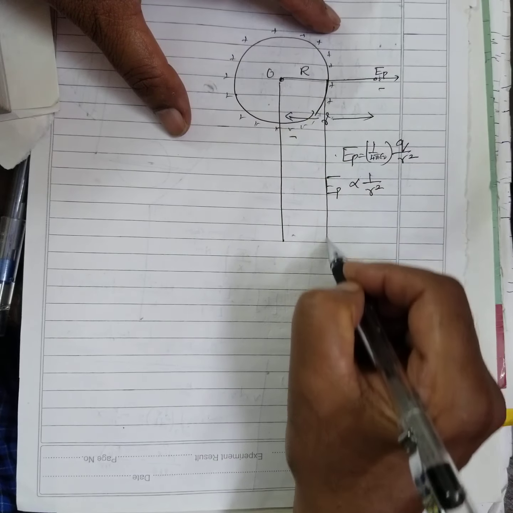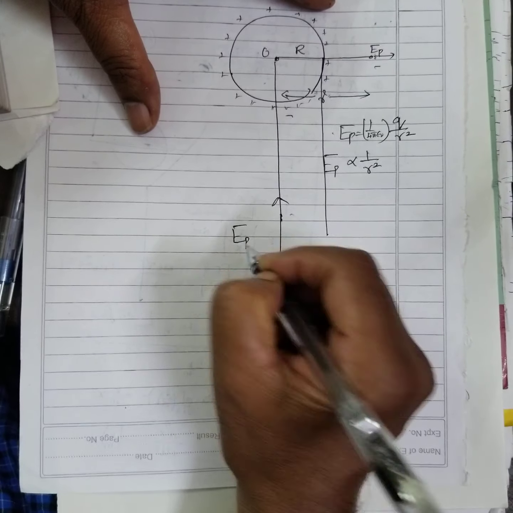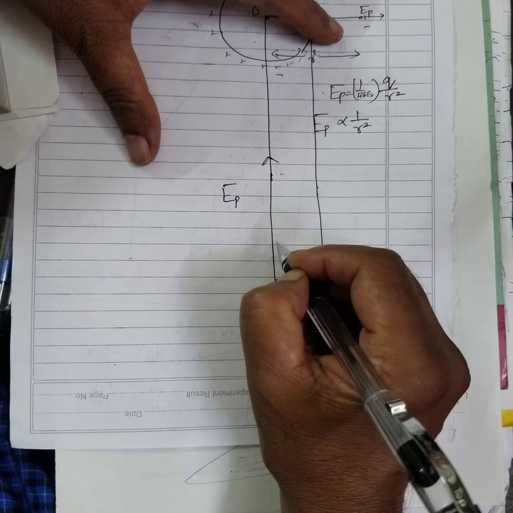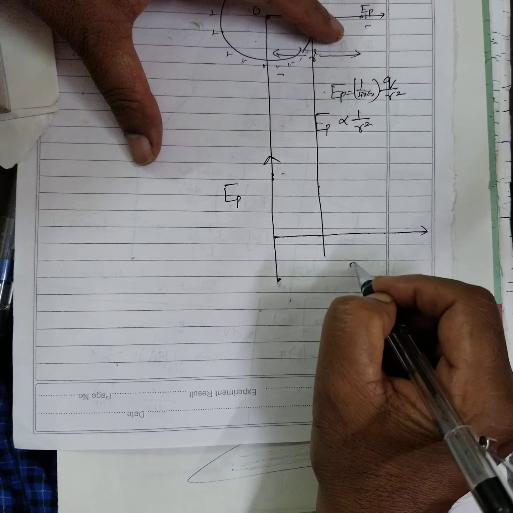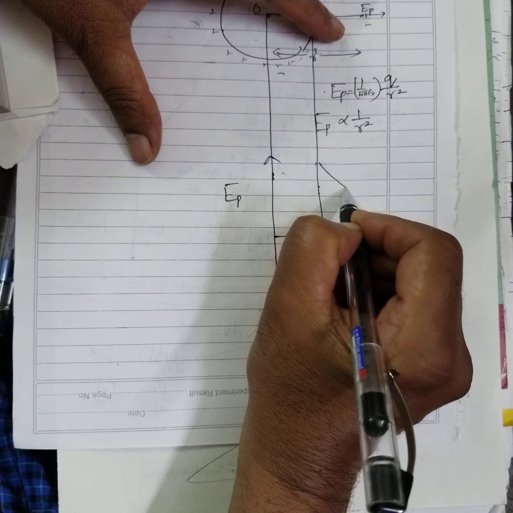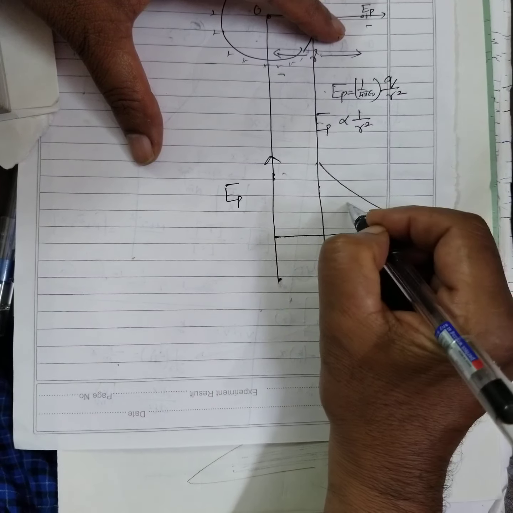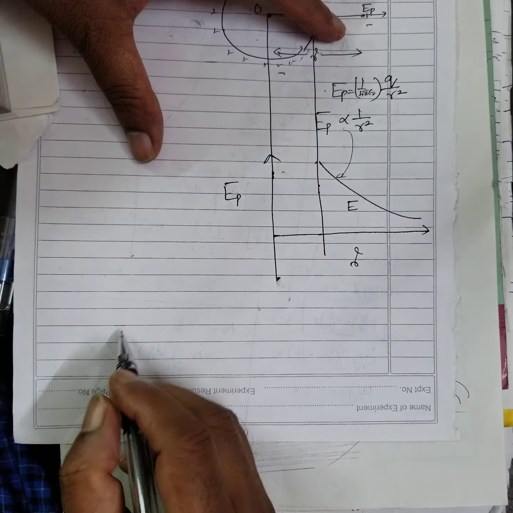Now I will draw the electric intensity at any point. Here the electric intensity is inversely proportional to r square.